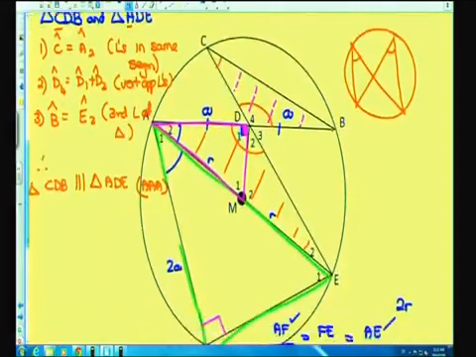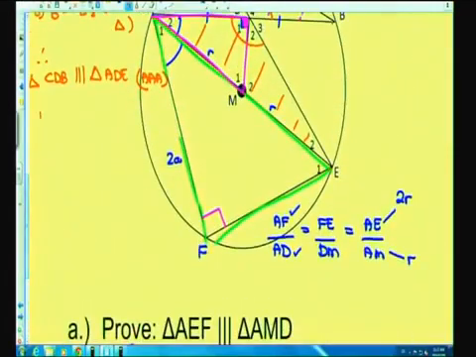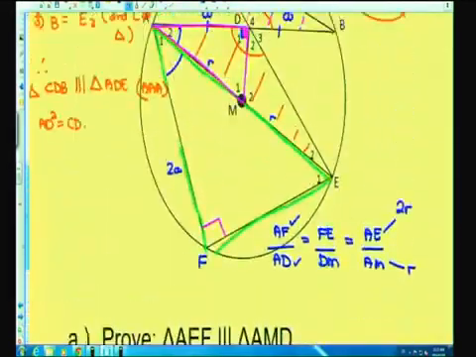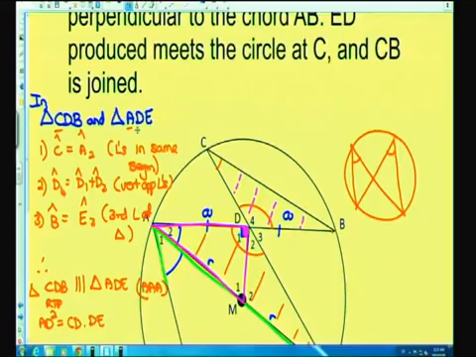And you get the solution. Right, let's go to the next question. Now it says prove that AD squared is equal to CD times DE. So AD squared is CD times, let me just make sure I haven't written down the wrong thing, DE. Required to prove. Now notice they didn't say hence.